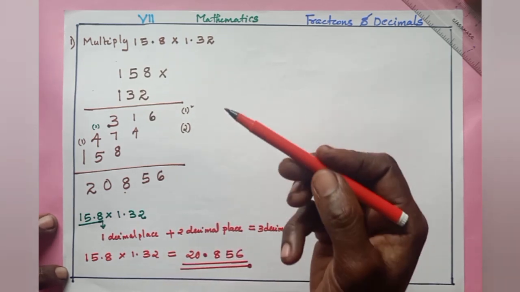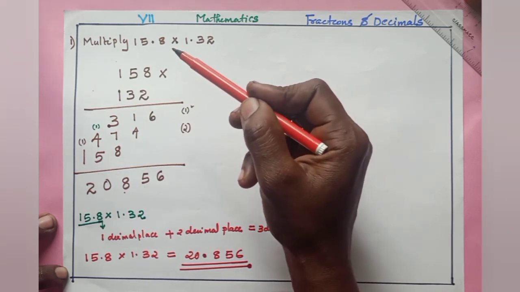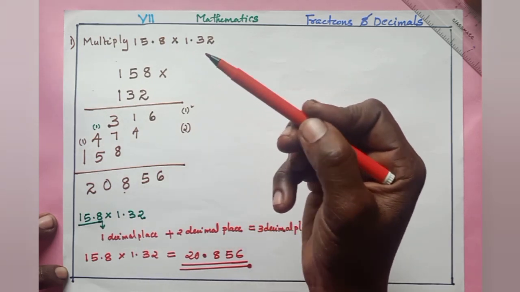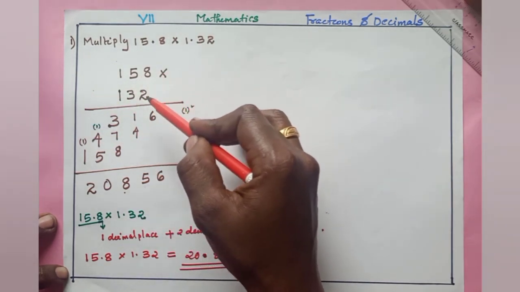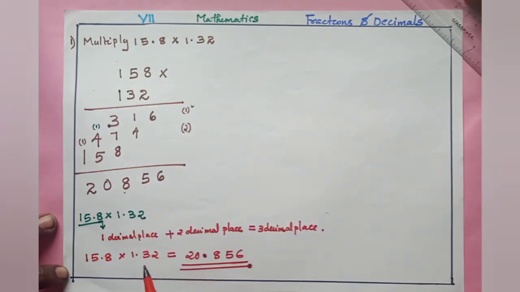So first, multiply the two decimal numbers as we do the multiplication of whole numbers, then place the decimal point. Listen, place the decimal point so as to have as many decimal places in the product as there are in the multiplicand and the multiplier together.